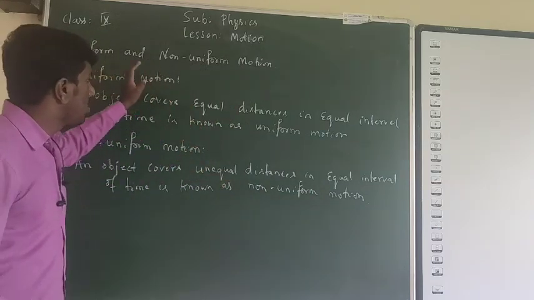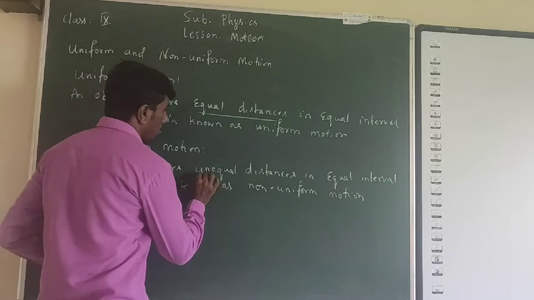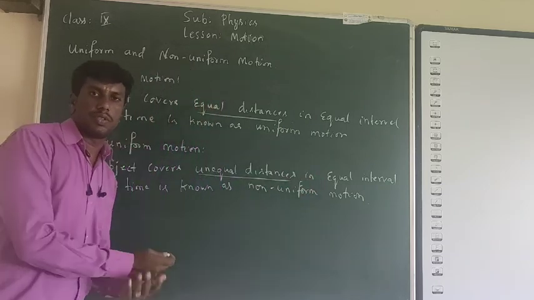Uniform motion covers equal distances, whereas non-uniform motion covers unequal distances.